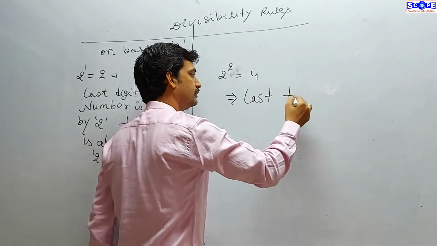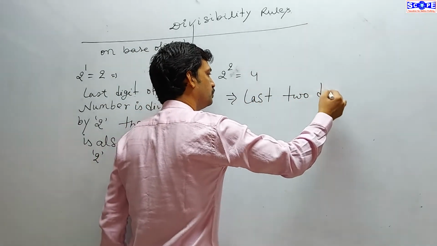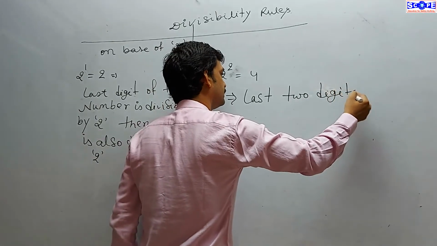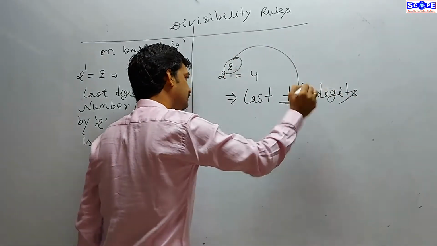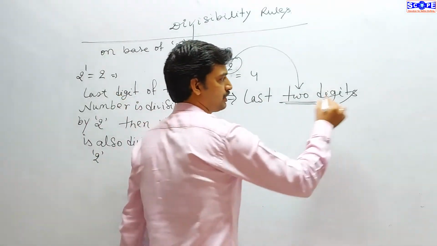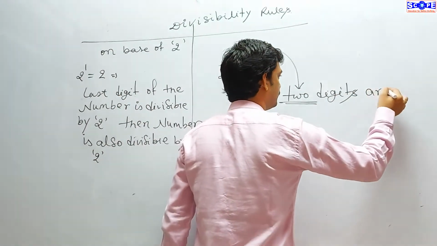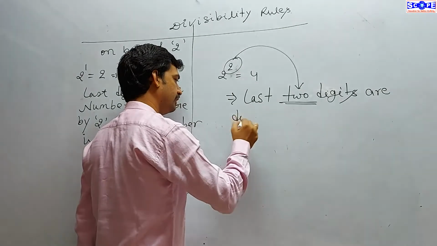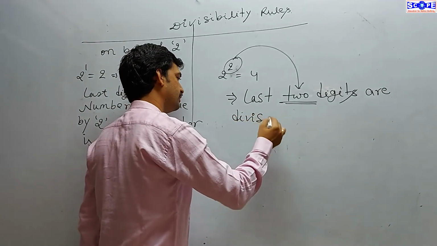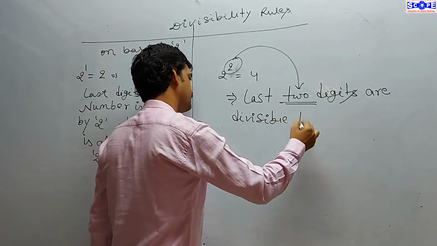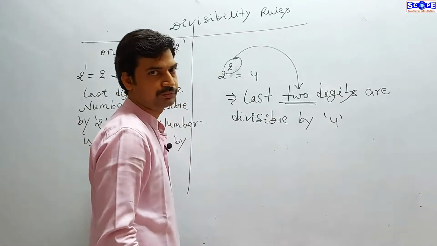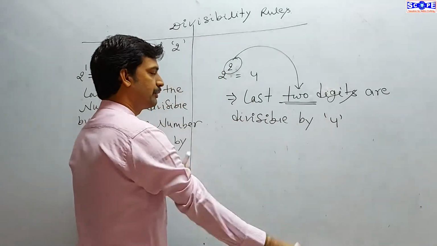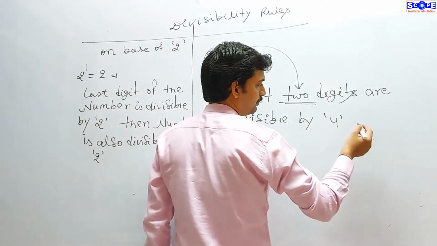Last 2 digits. Why are these 2 digits? Because of this power. Clear? Last 2 digits are divisible by 4, because this is the rule of 4. Because 2 digits, 2 powers, make you 4.